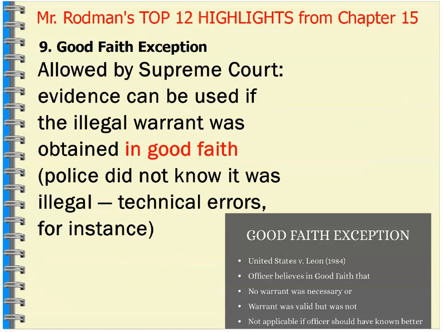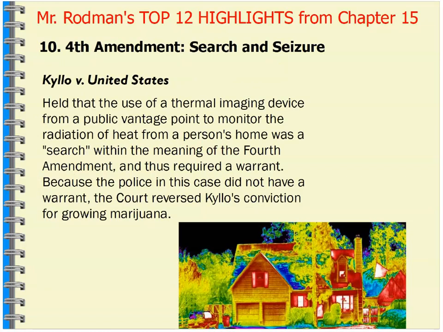Now, there is a good faith exception if the evidence being used wasn't obtained legally, but it was in good faith, in terms of the police didn't know it was illegal or there was a technical error. This is getting harder and harder to prove in court to a judge, because police officers by now should know the Mapp v. Ohio case, but in some cases some good faith exceptions would apply here.